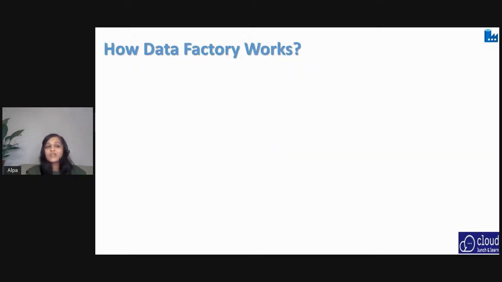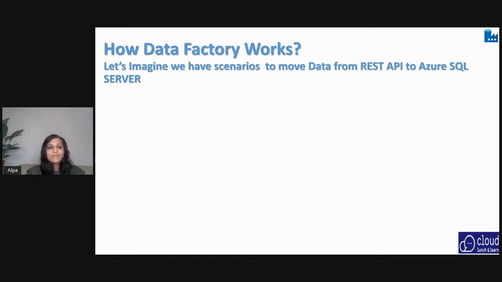So now let's move to the next one, which is how Azure Data Factory works. For that, let's imagine that we have a scenario to move our data from a REST API to Azure SQL Server. So here our source is a REST API and our sink is Azure SQL Server.